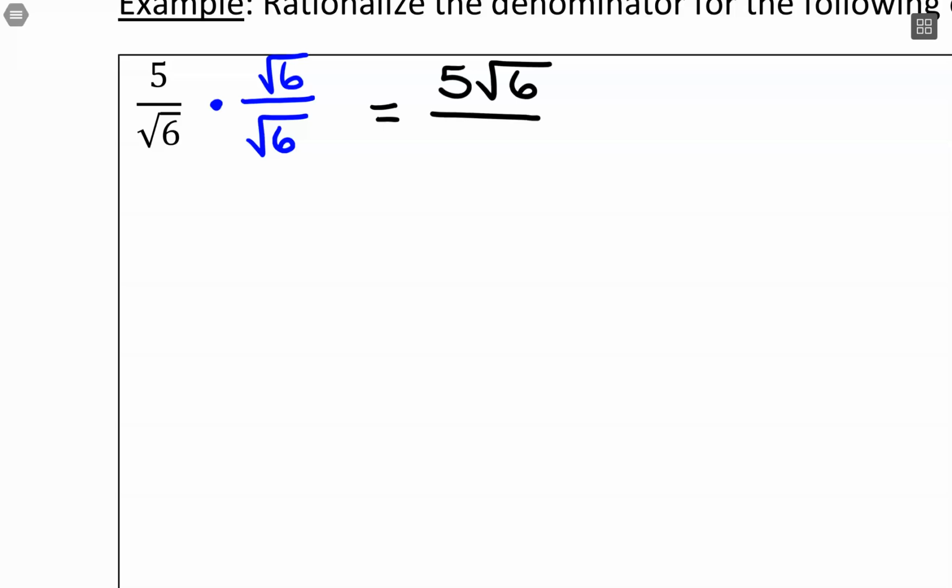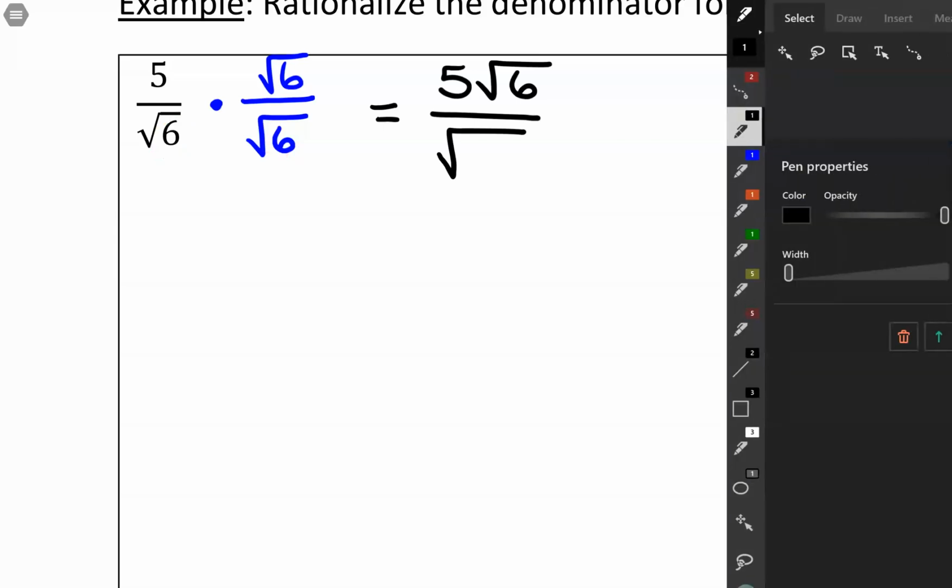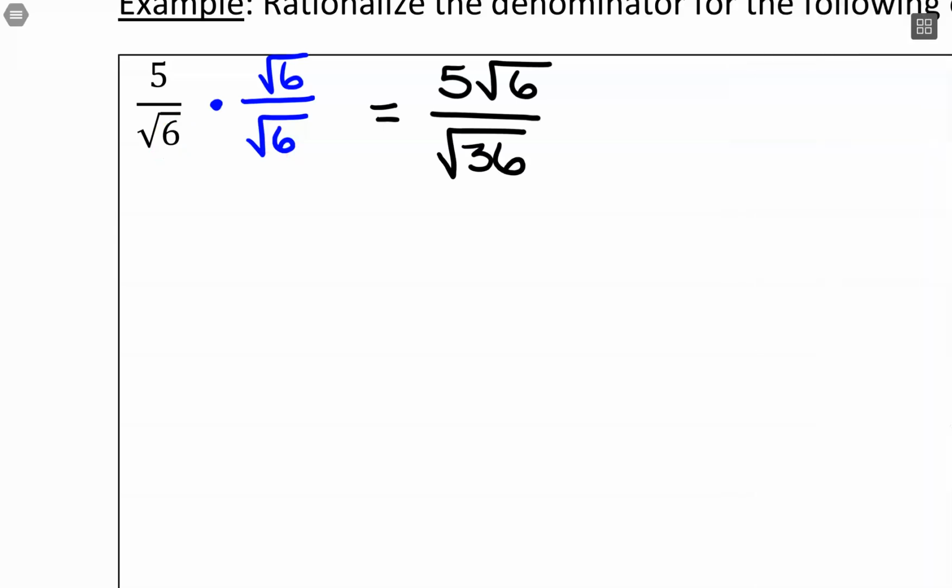If you get used to this and just skip to having 6 in the denominator there, that's perfect. But just to show you why that's happening, it's that we're taking 6 times 6, so that turns into a square root of 36, which simplifies to 6. And then we can't cancel anything out.